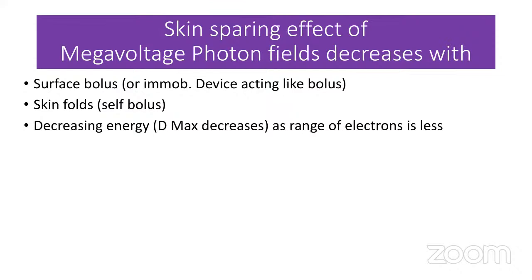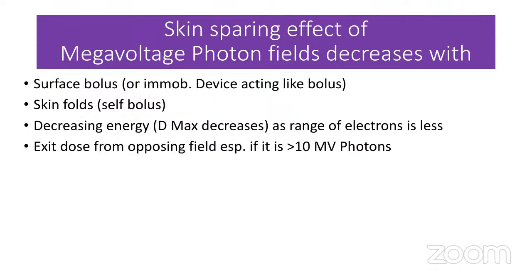Then decreasing energy, or Dmax decreases, because you remember in the previous lecture we talked about the scatter reducing and its direction being more forward as energy increases. It's because the range of the electron is less. So if you're using low energy X-rays, then Dmax is less and you have a high skin dose.